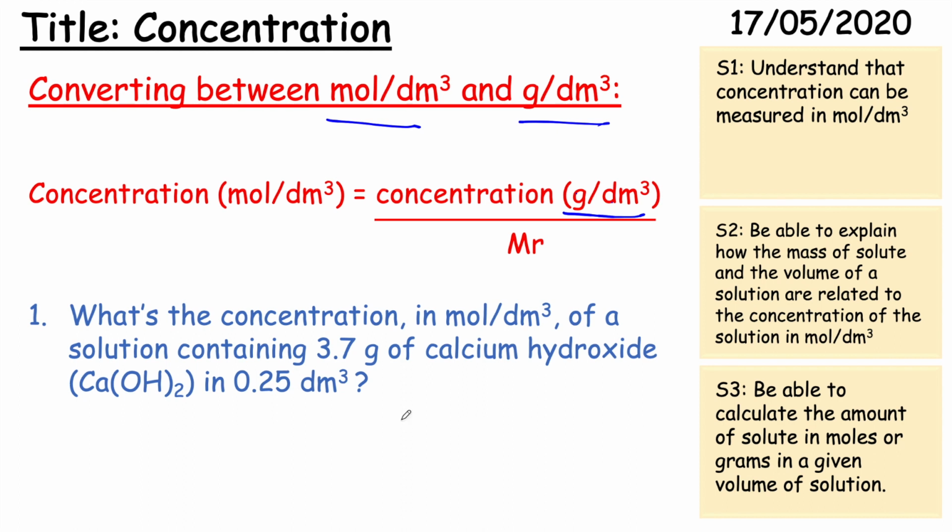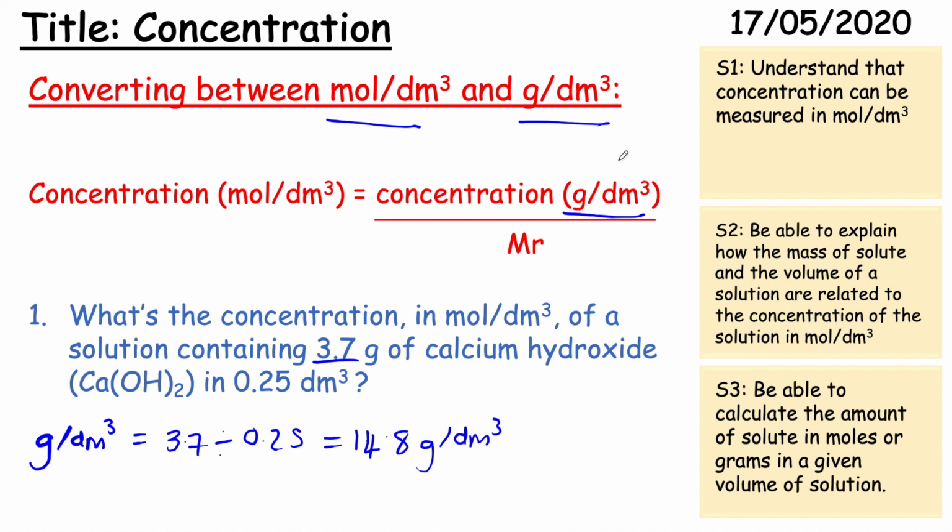So let's have a go. To calculate grams per decimeter cubed, we do the mass, which is 3.7, divided by the volume in decimeter cubed, 0.25, and that gives us an answer of 14.8 grams per decimeter cubed.